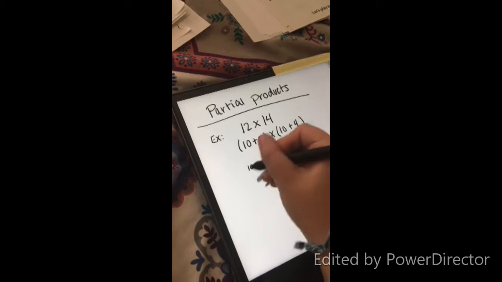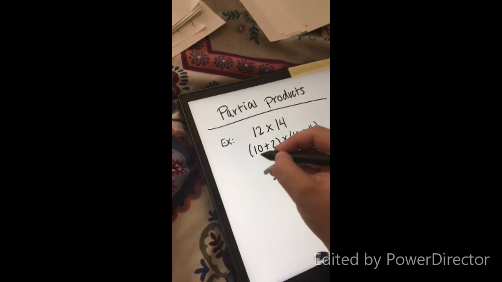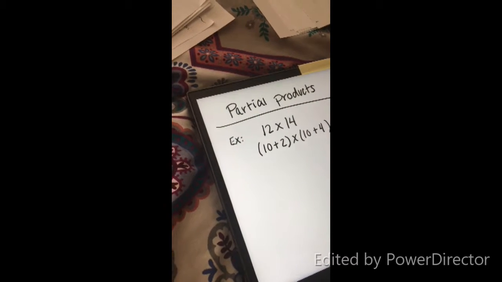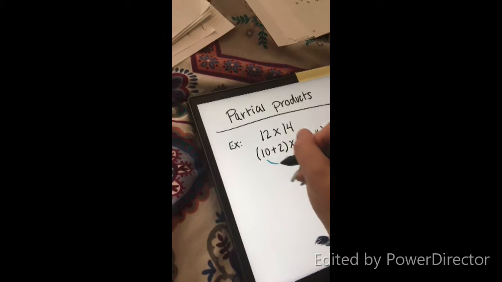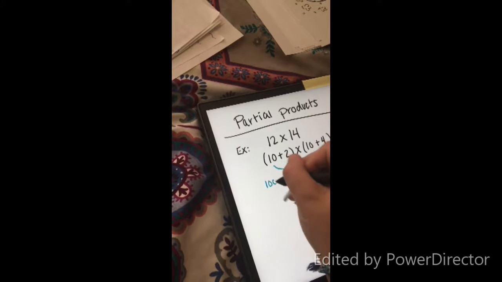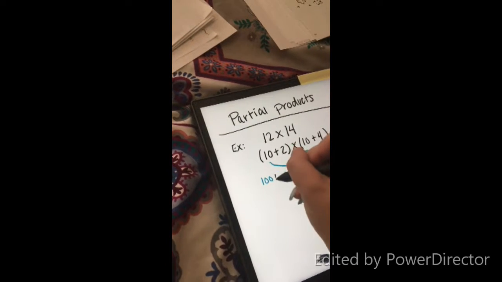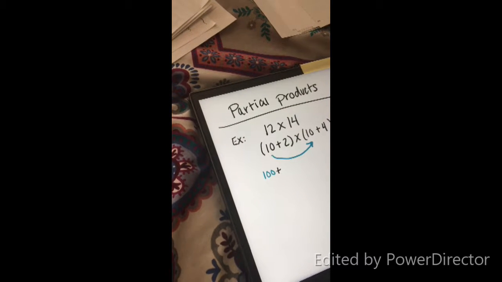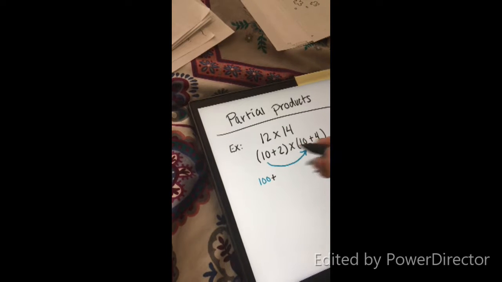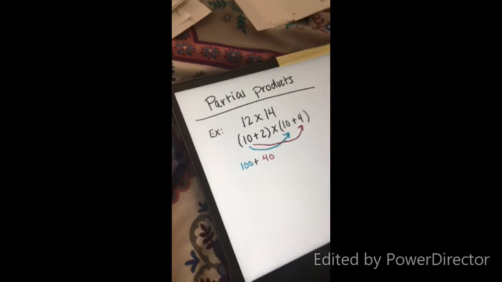You know what, I'm going to do this in a different color. We're going to start by multiplying 10 by 10. When you multiply 10 times 10, you get 100. Then after that, you're going to take 10 times 4, which is 40.